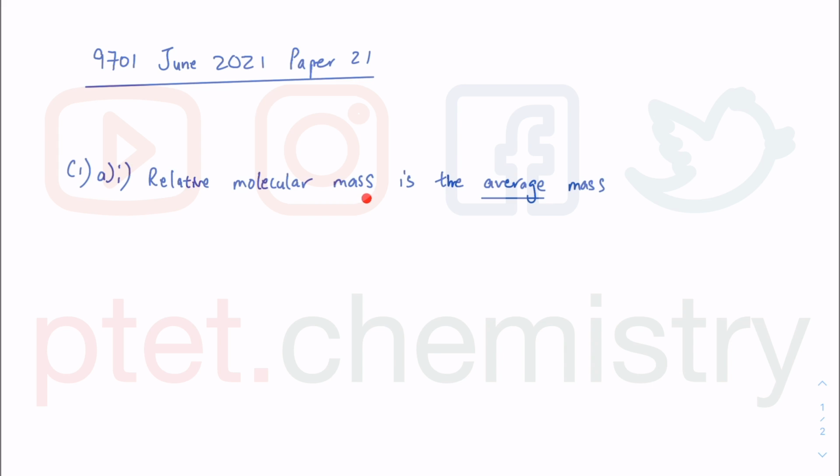There's relative isotopic mass, which you can never have average for, but the remaining relative atomic, relative molecular, as well as relative formula mass are all about average mass.